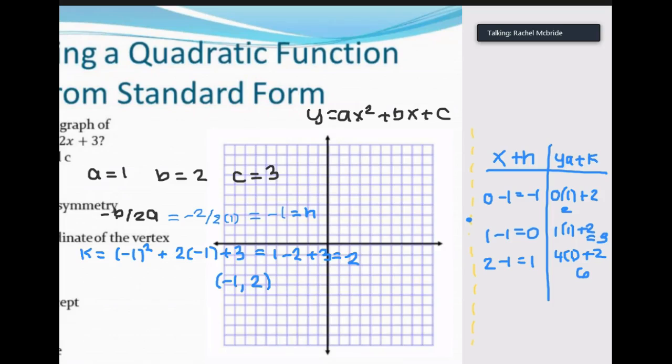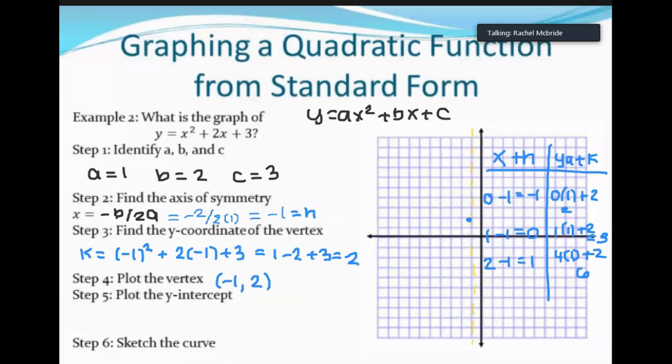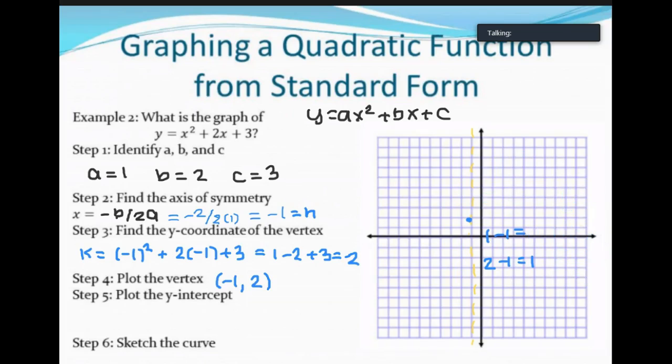So we're going to go back to my graph and plot those key points. So you have negative 1, 2. We're going to plot 0, 3, and 1, 6. And if it goes up 1 and right 1, it goes up 1 and left 1.